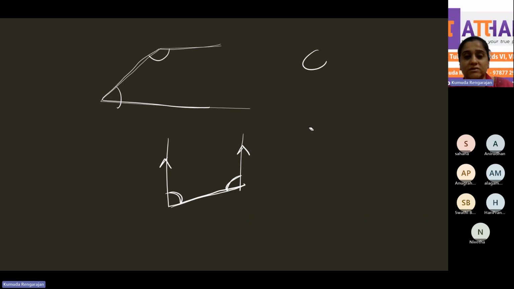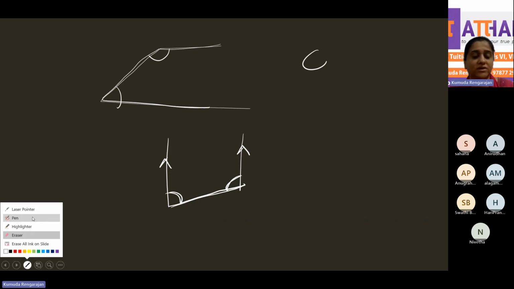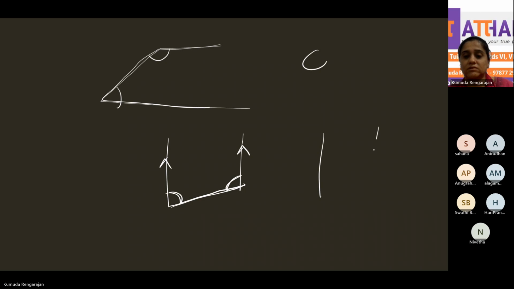Co-interior angles. This one and this one are co-interior angles. If these two lines are parallel, this one is a transversal. So a C kind of a thing, and you keep turning it. However it looks, these two angles are co-interior angles.